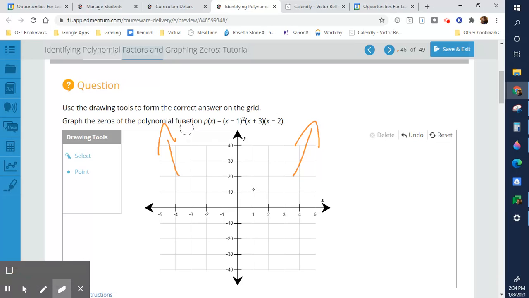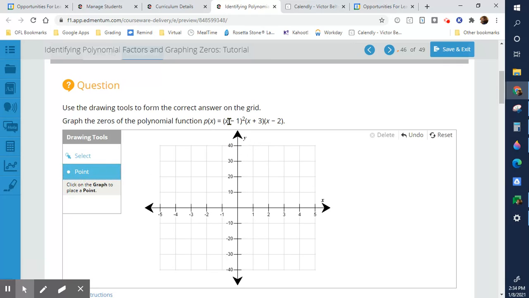Next, we're going to want a point at -3, from x plus 3 equals 0. And we're going to have another one, x minus 2 equals 0. So our answers are going to be +1, -3, and +2. And we can submit that in. So there's all of our zeros.